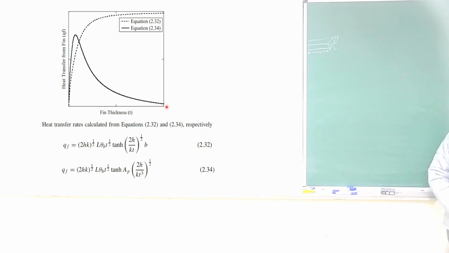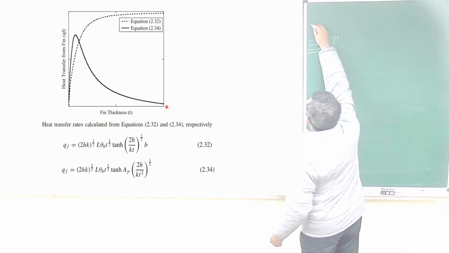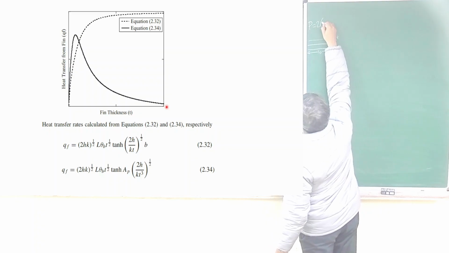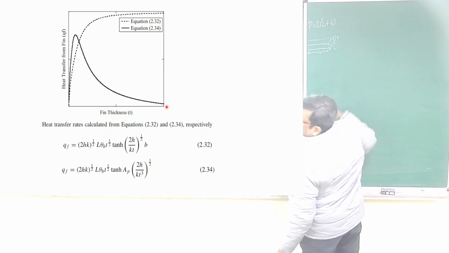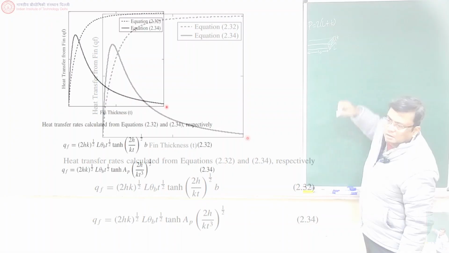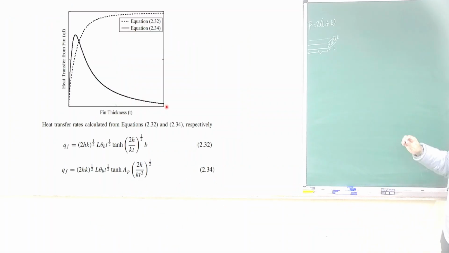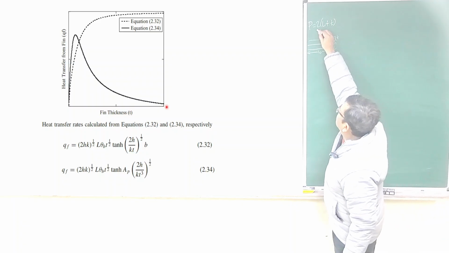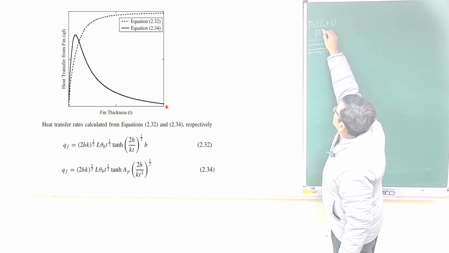Yes, so it increases area, isn't it? Your perimeter is this one, and the area which gives you the heat transfer is that perimeter multiplied by b, isn't it? Actually, there's this one also, but it's basically that surface area, p into b, right?